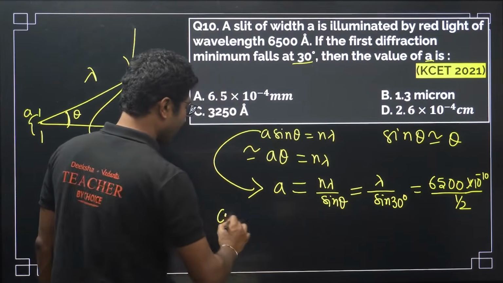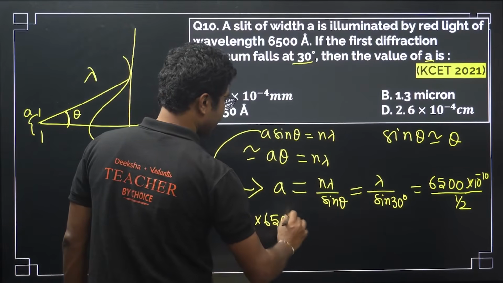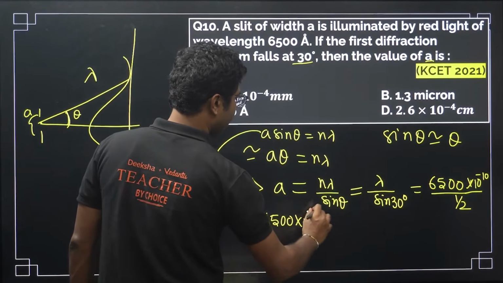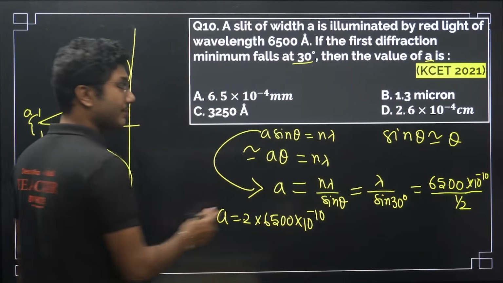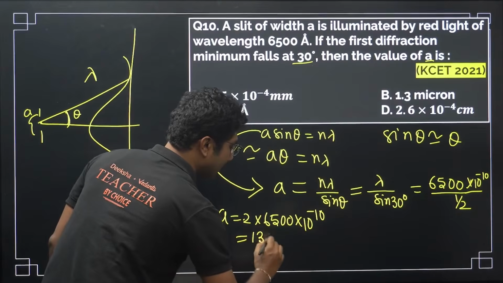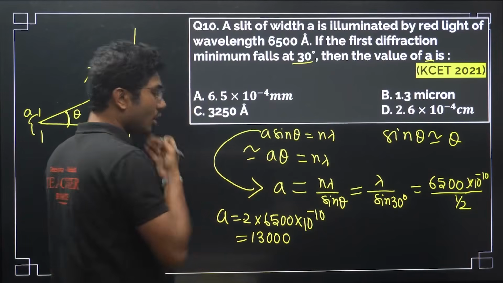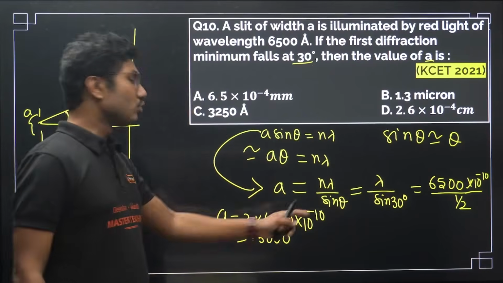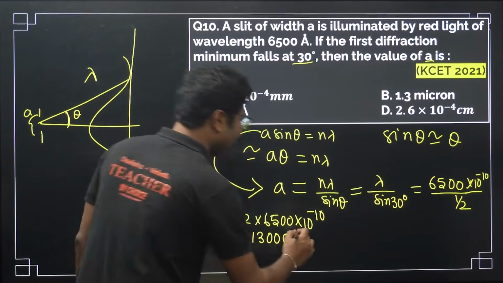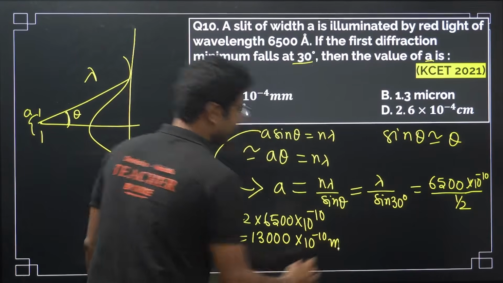So the value of a will be 2 into 6500 into 10 to the power of minus 10. Now 2 into 6500 is 13000. 65 into 2 is 130 and 2 more zeros are there as well, into 10 to the power of minus 10, and the unit will be meters.